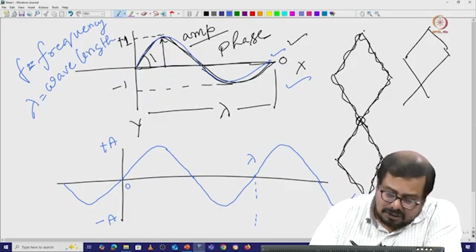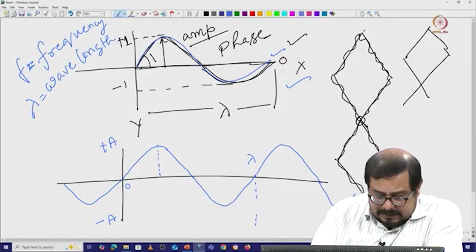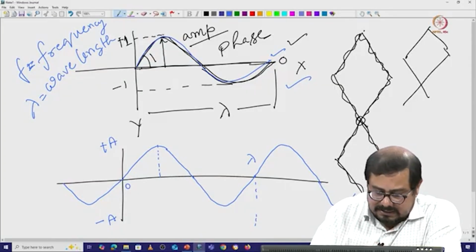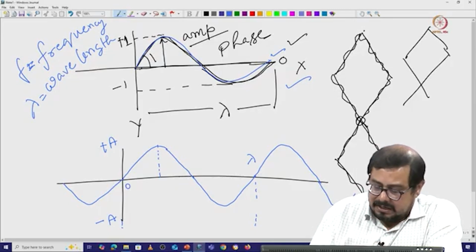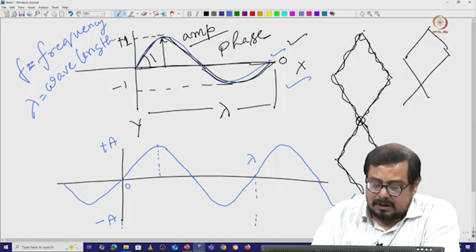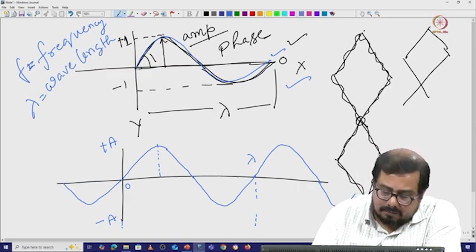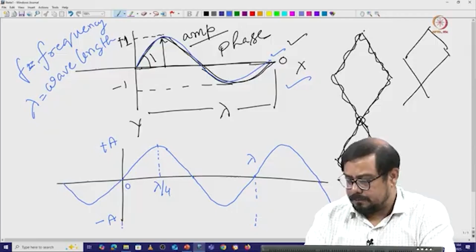Now, starting from 0, I am marking this one, that okay, it has just traveled 1/4 of the wave. If this is my complete wave starting from here to here, then this particular point is just 1/4 of that wavelength, right. So, now I can tell that this is lambda by 4.